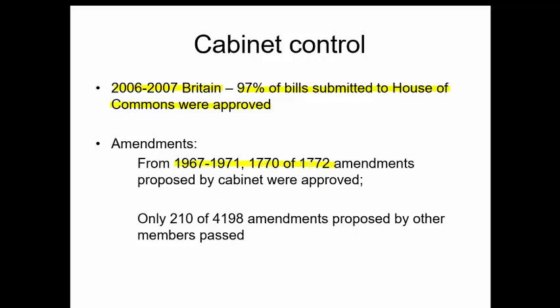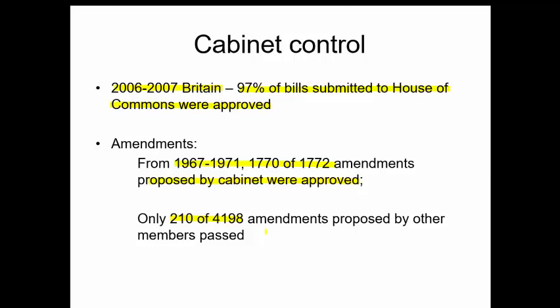Only 2 out of 1,772 amendments proposed by the cabinet were not approved. So as you can see, since the cabinet has control of this legislative body, they're not even going to propose an amendment that they don't think is going to be part of the bill. And only 210 of over 4,000 amendments proposed by other members, that is, members of Parliament that are not part of the ruling coalition, passed. So a very small percentage of those amendments are going to pass.